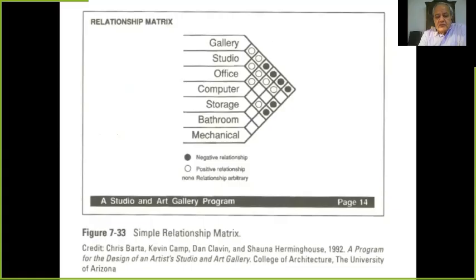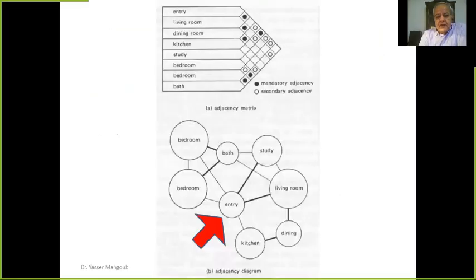And then you start to translate that into relationships. After you understand these activities, you start to identify the relationships of each item to the other item. So this illustration is usually used to illustrate the relationships between different functions.